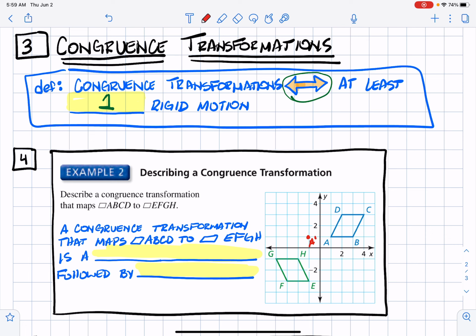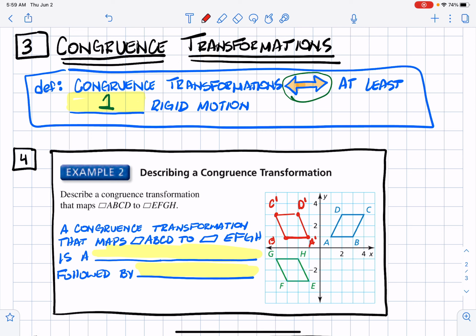That would be my B prime. If I count the reflection from D, so 1, 2, I'm going to go back 1, 2 over there. That would give me my D prime. And then lastly, C prime would have to go here. So this figure right there is a reflection.